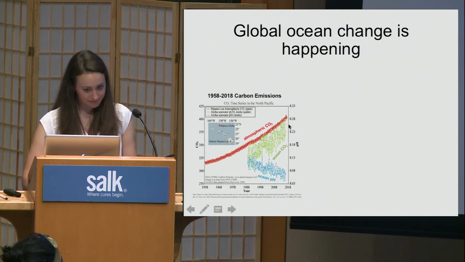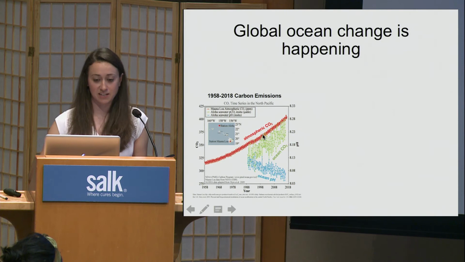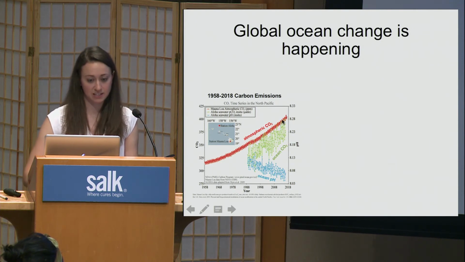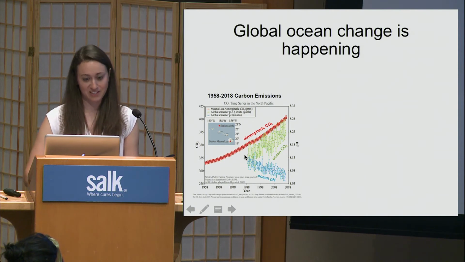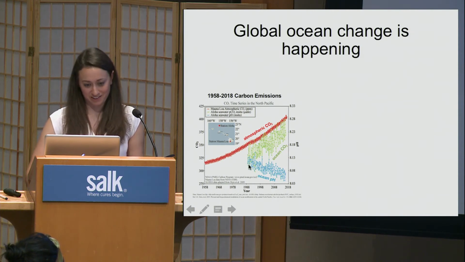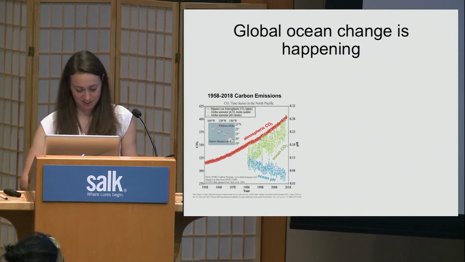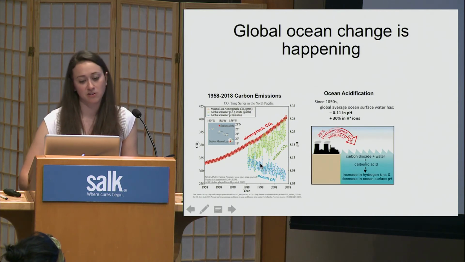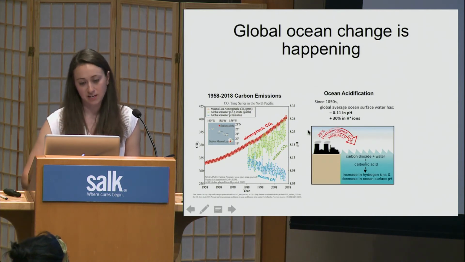doing this internship. And what I'm showing here is that since 1958, atmospheric carbon dioxide has been increasing, and ocean carbon dioxide has been increasing with it, as well as the ocean pH decreasing. And this ocean pH decrease is called ocean acidification.